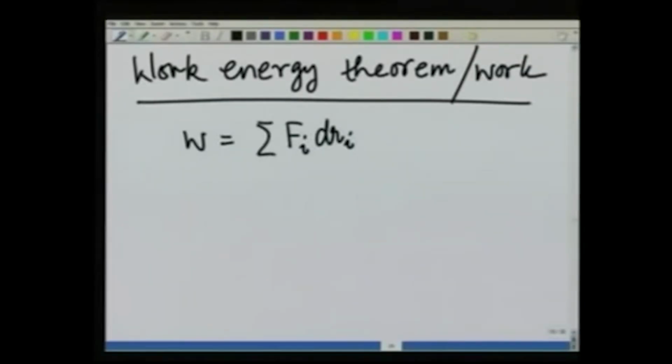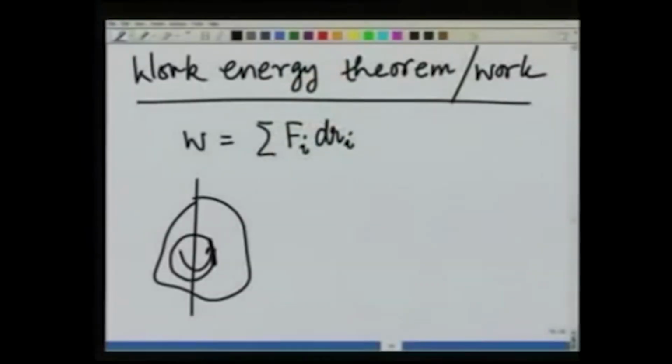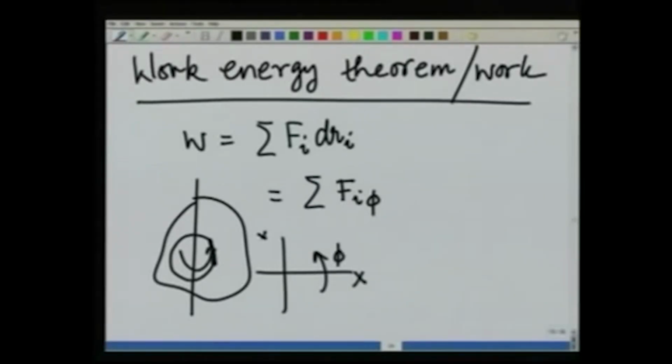dri summed over. So, if a body is rotating like this and I apply a force on this, since it can move only in the phi direction, the only component of force that will work is that in the phi direction. So, I can write in this case summation F i phi, where by phi I mean the phi in the sense of cylindrical coordinates, this is x y and this is the z axis about which this is rotating.